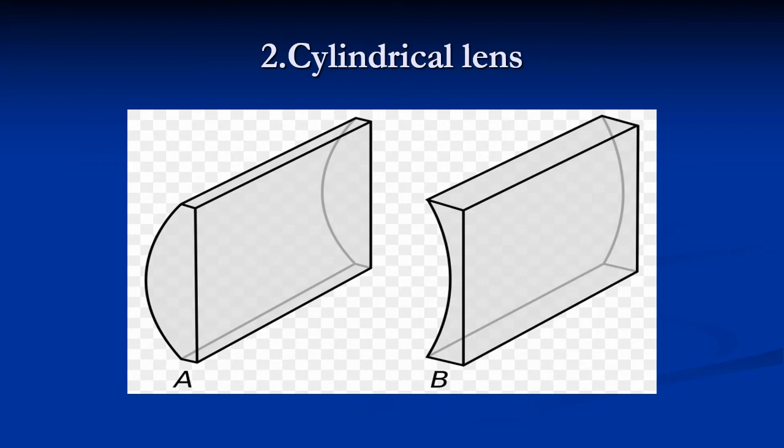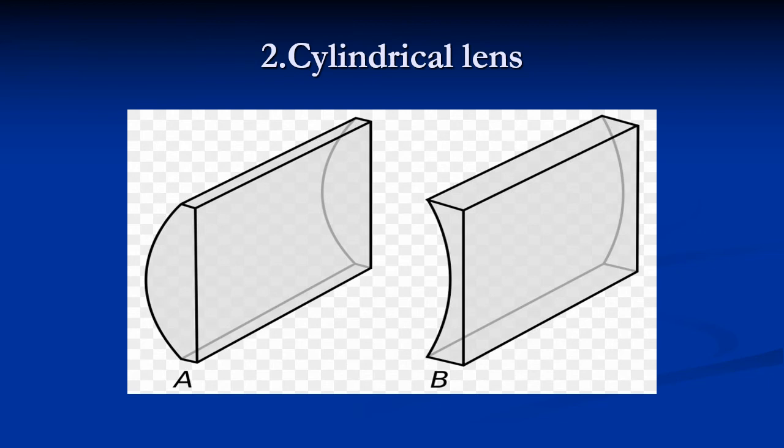If you take a vertical cut from a cylinder, you get one surface that is spherical, just like a convex, and another that is a flat surface. So the cylinder has action in only one axis, that is parallel to its cylindrical axis. Another is a concave cylindrical lens.